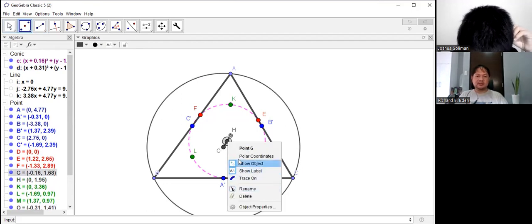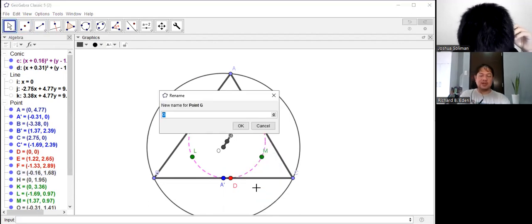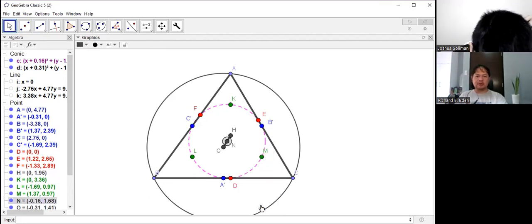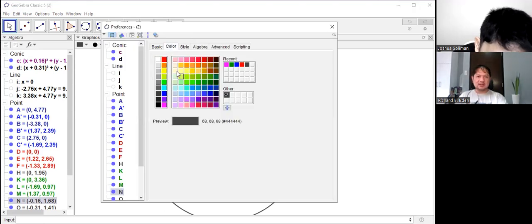Let's relabel this to N, N for 9-point circle. And because I used pink for the color of the 9-point circle, let's use the same color for this.